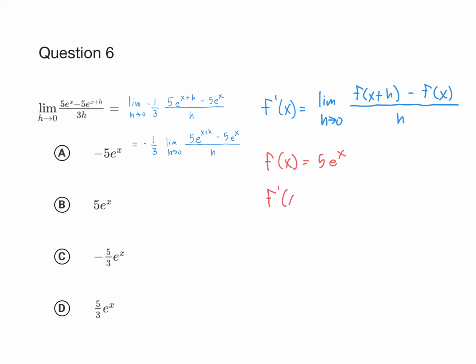So f prime of x is the same thing. The derivative of e to the x is just e to the x, and then you just bring down the constant. That's the constant multiple rule. Okay, but that is really what this is. So that's 5e to the x, and so we multiply that by negative a third.